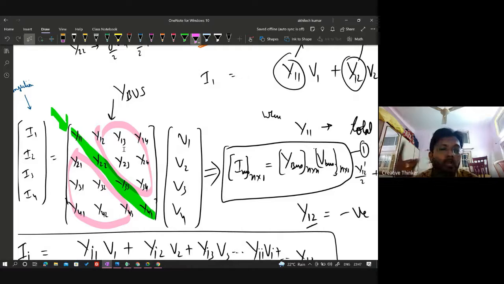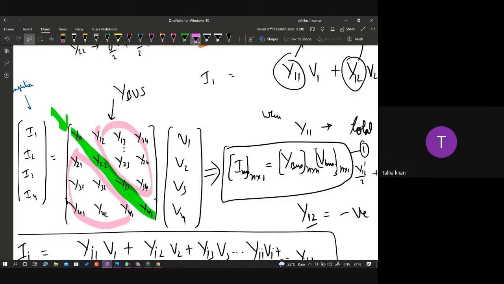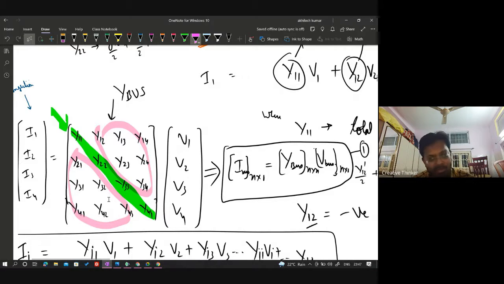Whether you call it Y12 or Y21, the line joining bus 1 to 2 or bus 2 to 1 is the same. That's why these admittances are the same: Y12, Y13, Y14.